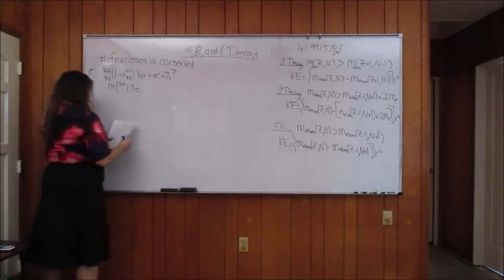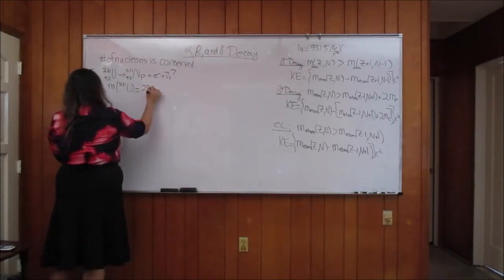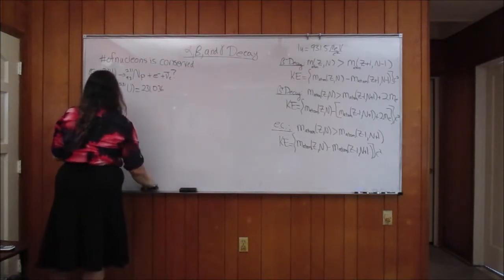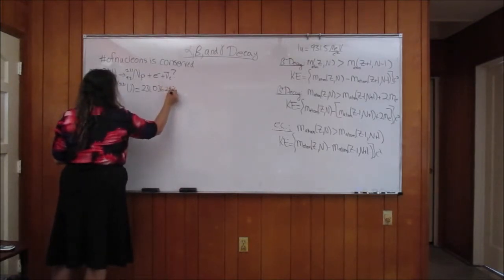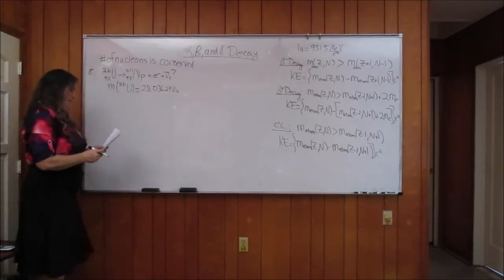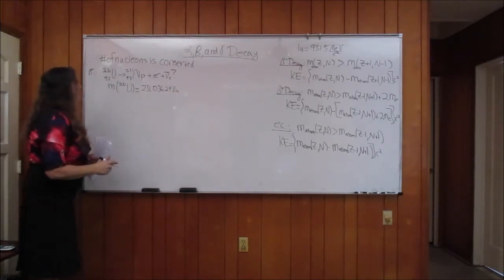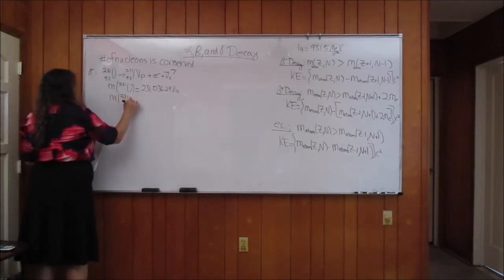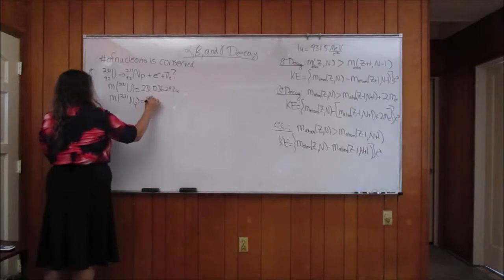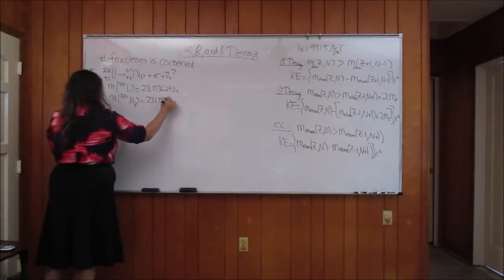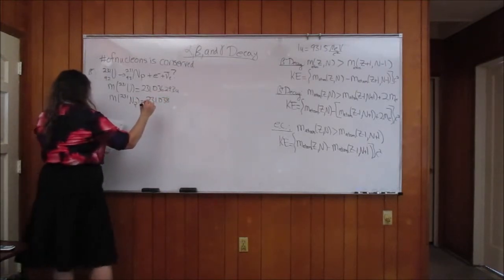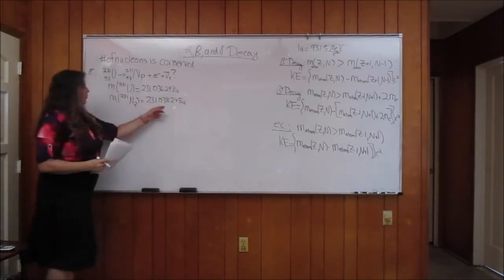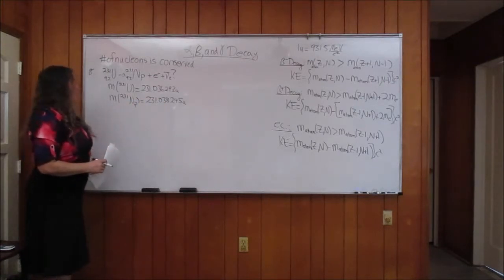The mass of U-231 is 231.036293 atomic mass units, and the mass of neptunium-231 is 231.038245 atomic mass units.